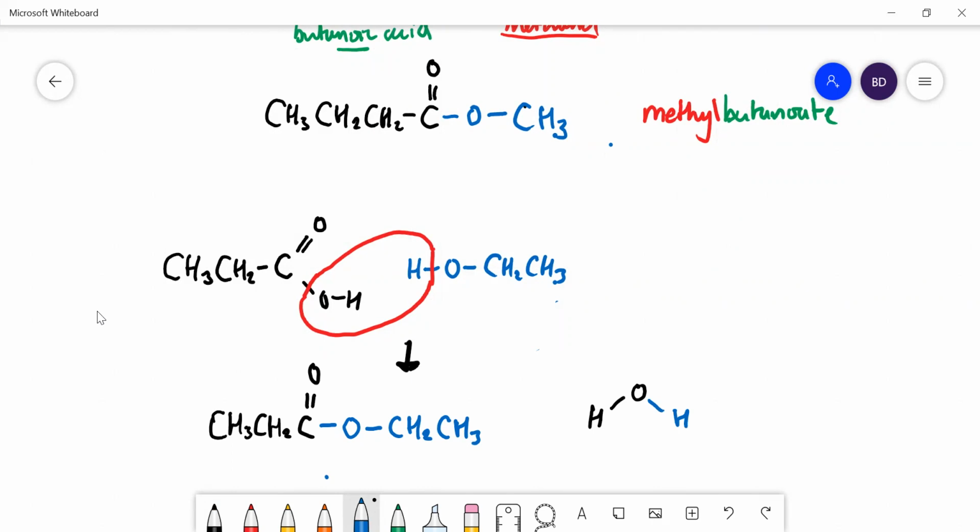So what would we call that one? Well, we have got propanoic acid there, and we've got ethanol here. If you look at the previous example, we call this ethyl propanoate.